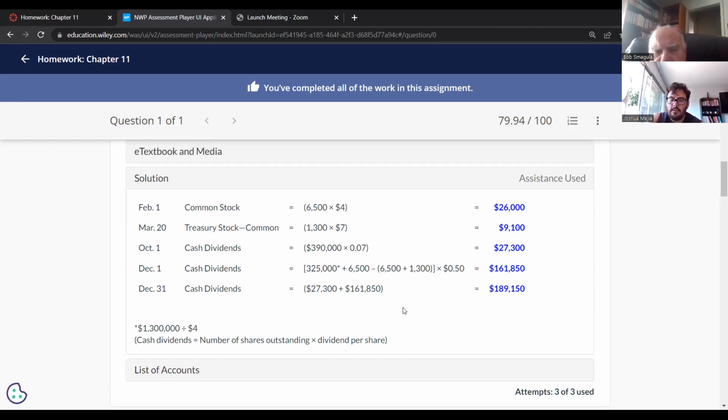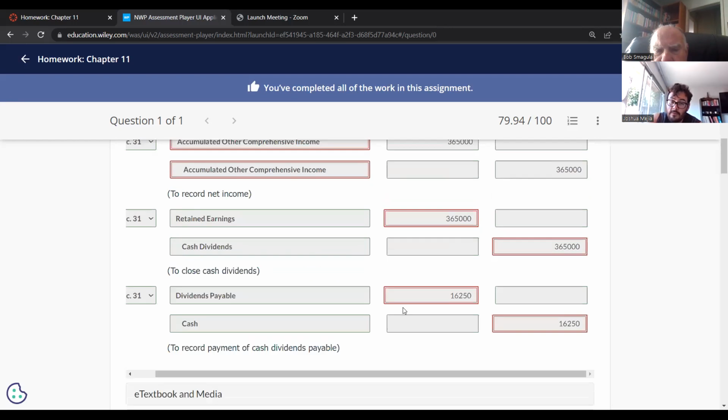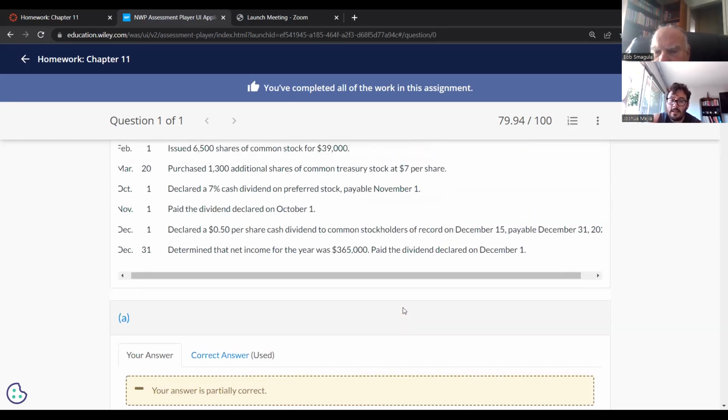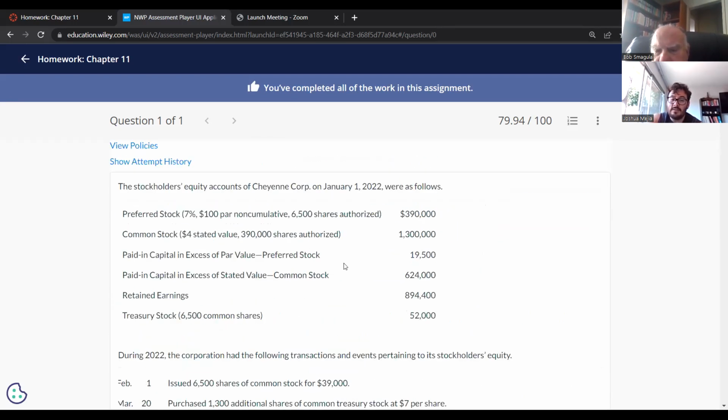Okay. The confusing part for me was that if you were to give me a list of stuff, I'm assuming this is how much is there, this is how much we have. Yep. So if we get another question like this and they include treasury stock, is it safe to assume that the outstanding is everything that's been sold?